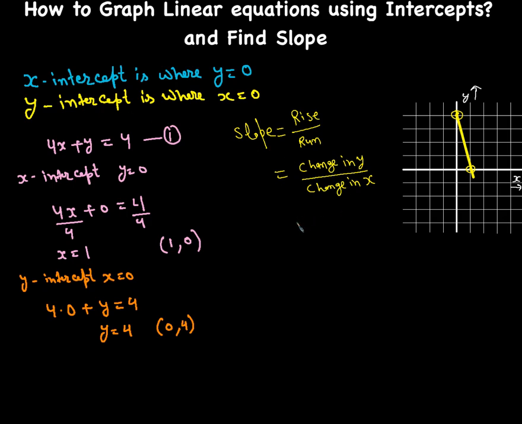Let's say you got 2 points. One is x1, y1, and the other point is x2, y2. Then my slope is equal to change in y, which is y2 minus y1, over x2 minus x1.